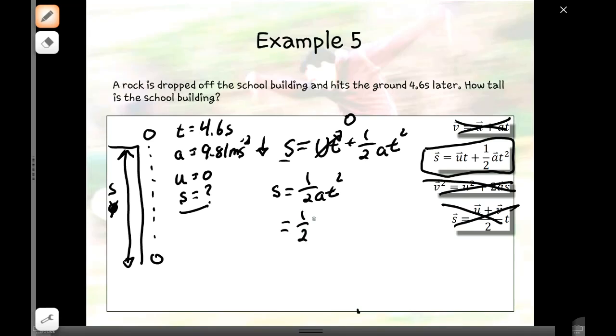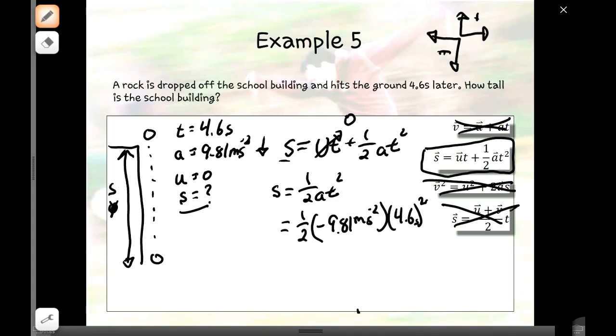1/2. Now my acceleration is pointing down, and so we usually use the convention that right and up is positive and left and down is negative. And so because this is going down, we're going to go ahead and give it the negative 9.81 meters per second squared. And then my time, which is 4.6 seconds squared.